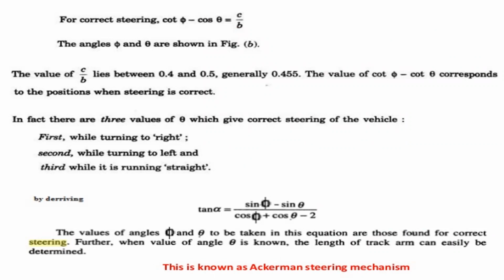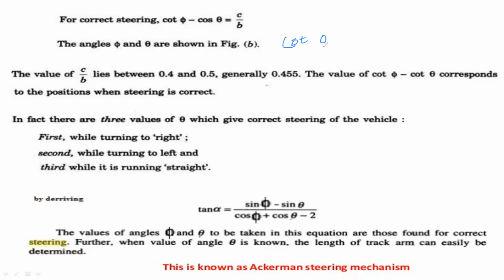So the value of cot phi minus cot theta we can get as 0.455, for the correct steering position. So I can apply this formula, cot phi minus cot theta.